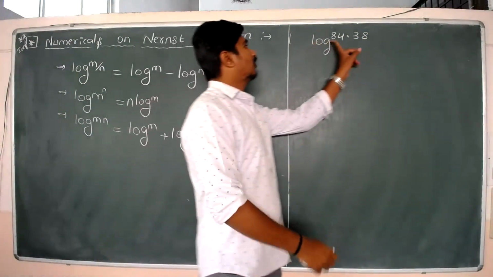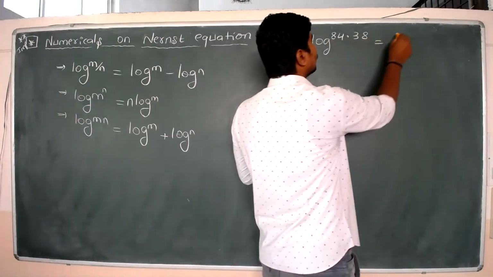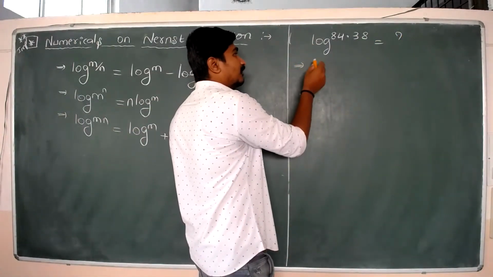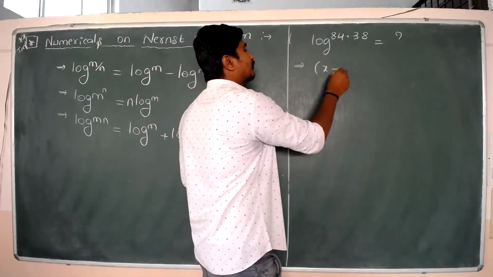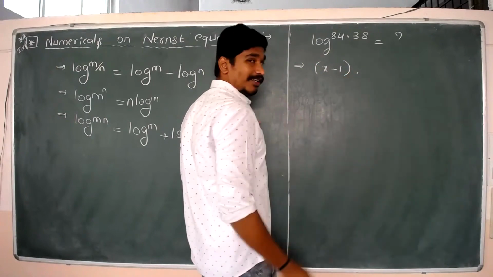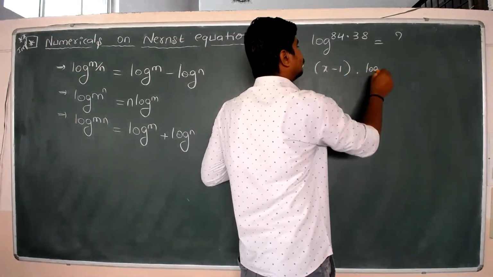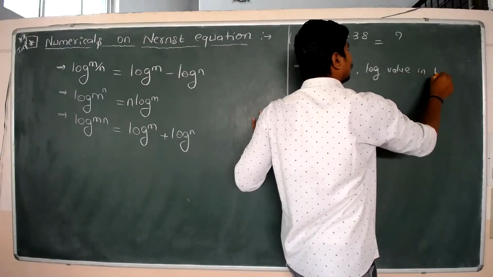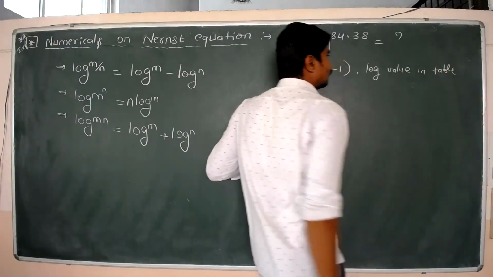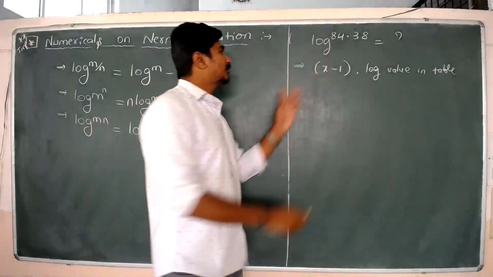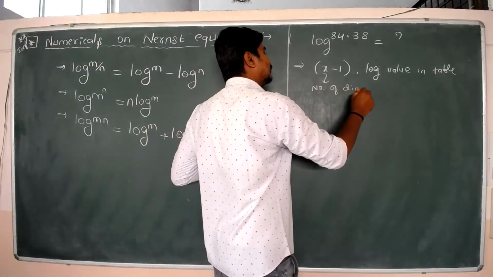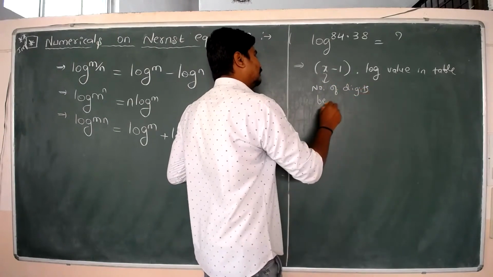Then how to find the log value: the formula is x minus 1, here it is a decimal, and then find the log value in the table. Now what is meant by x? X is the number of digits before the decimal.